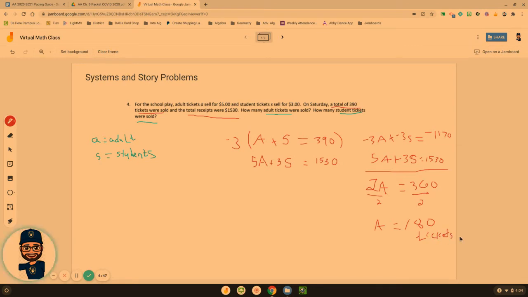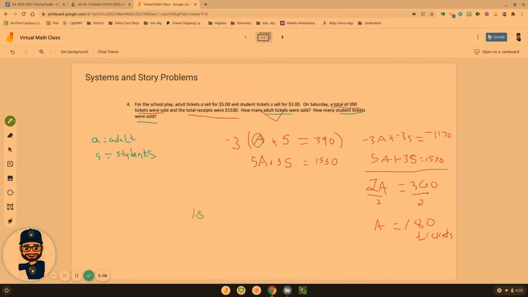All right, so we set up two equations and found the adults, so we answered this one. However, it still wants to know how many student tickets were sold. So I'm going to plug that 180 right back into the first equation, because I know the number of tickets, adult and students, was 390.